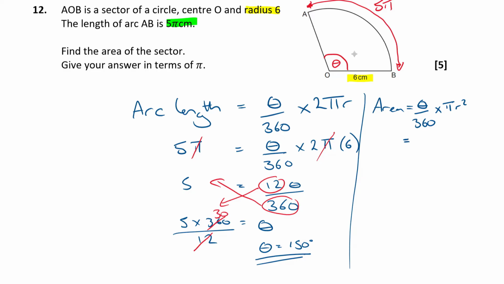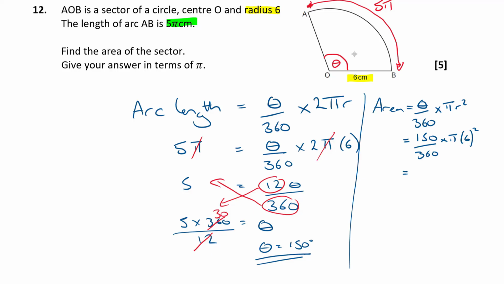So I now know that theta is 150. So I've got 150 over 360 of pi times r squared. R, remember, is 6. So it's pi lots of 6 squared.